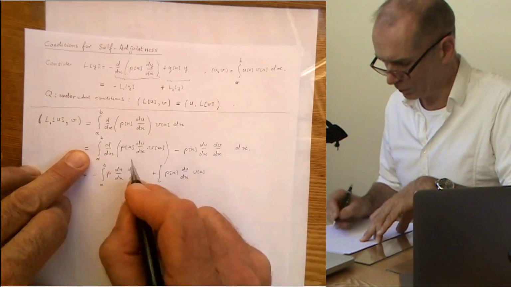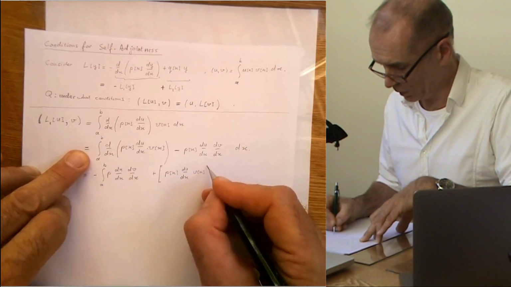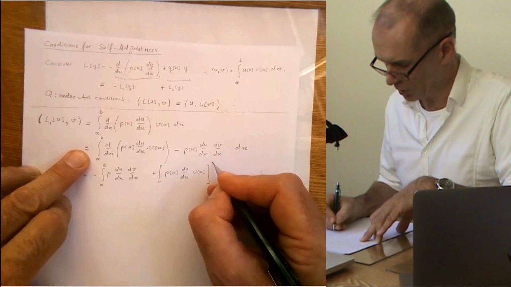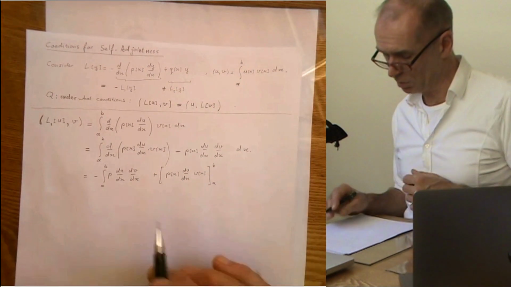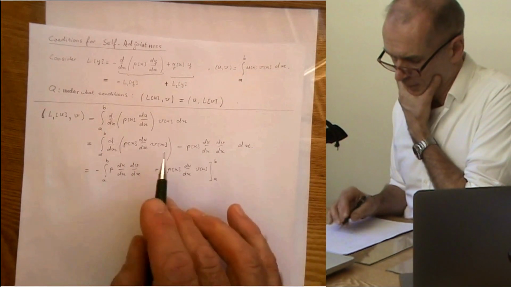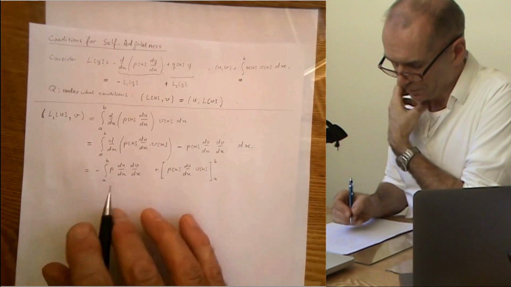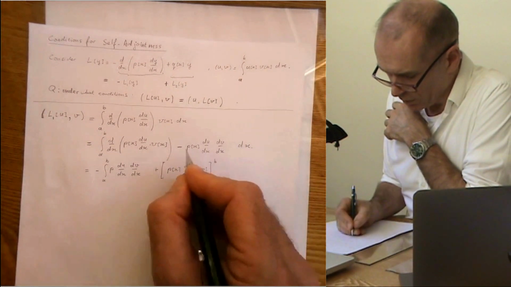The integral of a derivative is the integrand, and then the boundaries substituted. So we will do that in a minute. That is what we have to do. I've written the integral that we are left with over here.